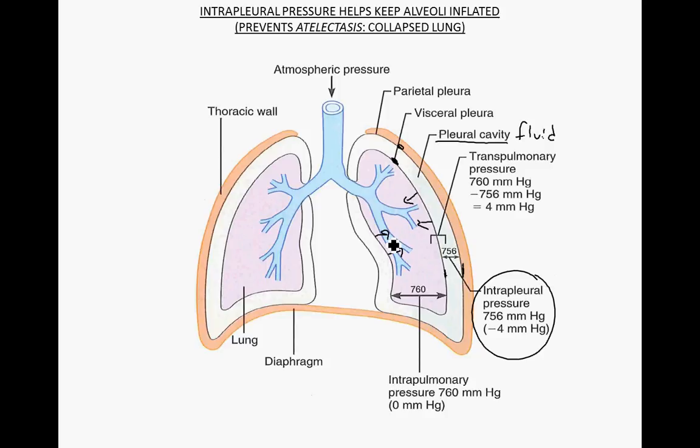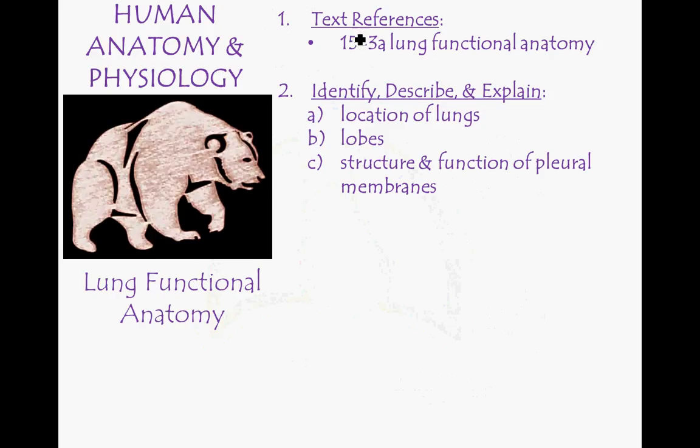If you penetrate that pleural cavity with some sort of object, right, and that pleural fluid leaks out, you break that surface tension and the lung collapses, and that is called atelectasis, right, or a collapsed lung. Right? So a little bit of functional anatomy there for the pleural membranes as well as the lungs.